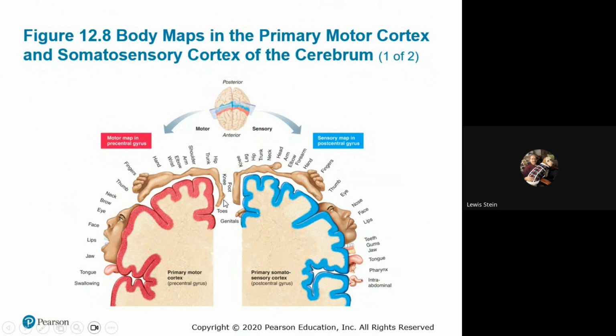This is how, for our bodies, they've been able to identify both motor and sensory areas on the lobes of the brain, where we actually move these structures. It kind of gives you a ballpark of how much area there is for each. We interact with the world facially, with the upper extremity, and somewhat with the lower extremity just to get around. But we sense the world in the same way: lower extremity, upper extremity, facially.